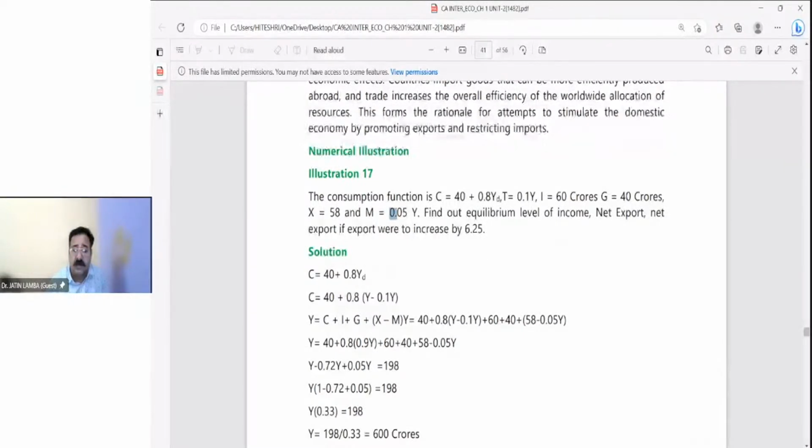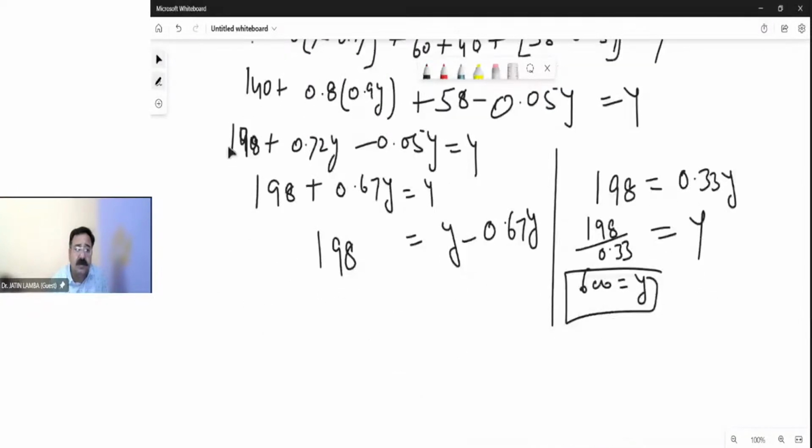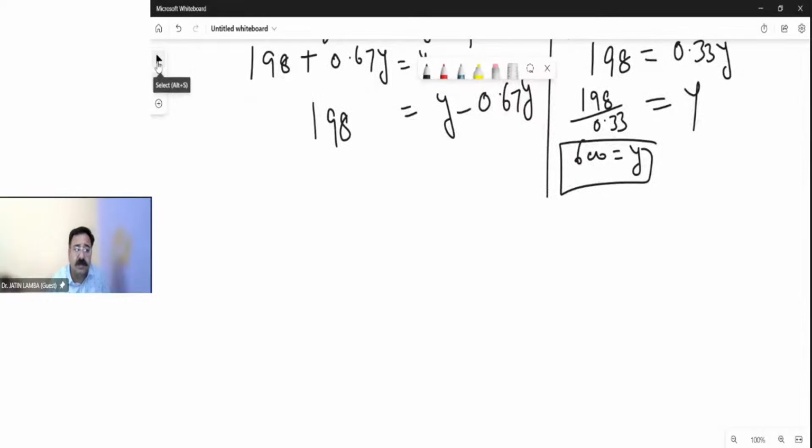What is net export? The second part you have to calculate here is the value of net export. Very simple. See, what is the formula of net export? Net export is equal to export minus import. Export is given by 58, right?